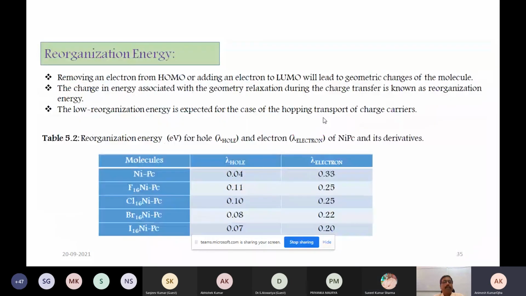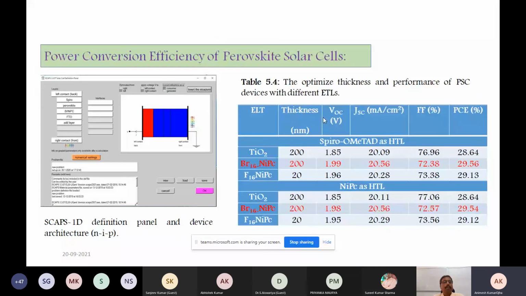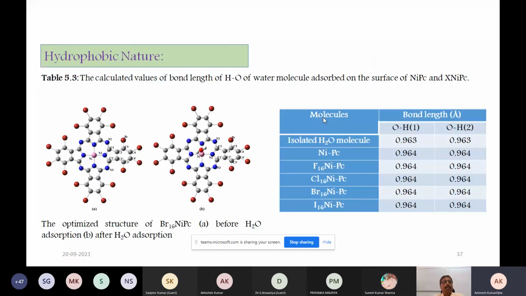In this case, if you see here, the affinity of this molecule with water is very, very poor, because there is no change in the OH bond. When a hydrogen bond is formed, the OH bond length will obviously get modified, but in this case it is not happening.